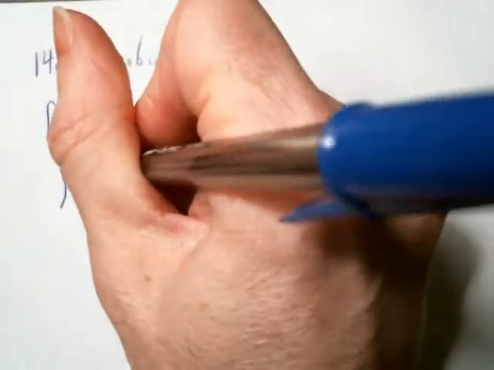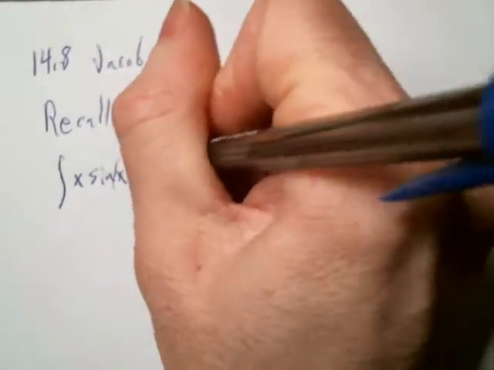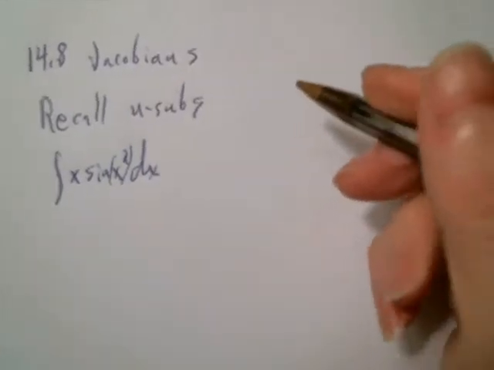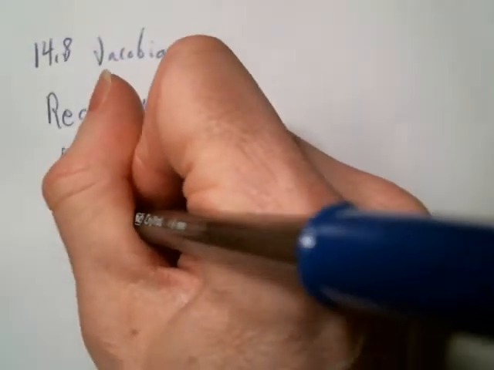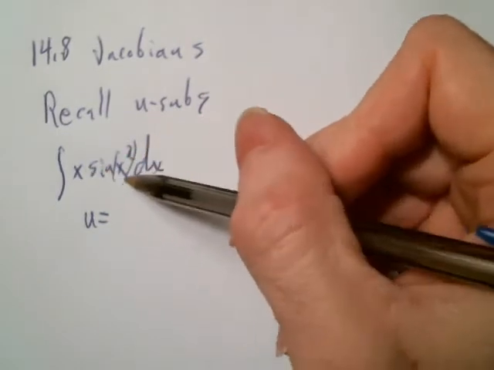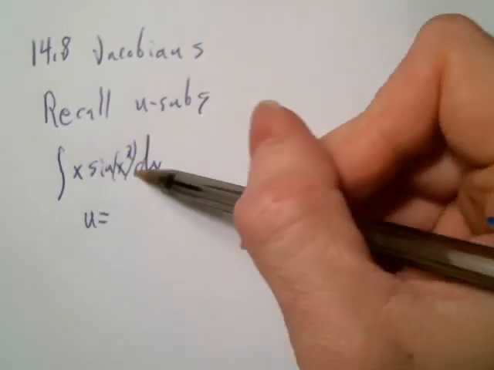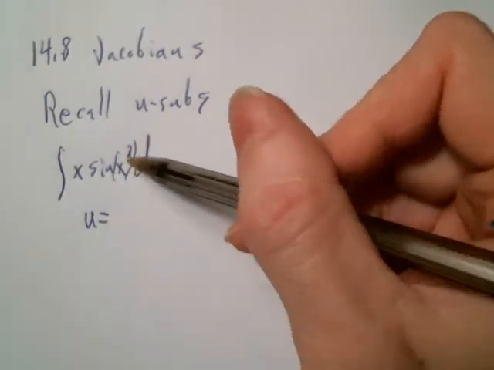So let's look at this guy, sine of x squared dx. This x squared is inside the sine. The first way you're taught to do a U sub would be if you could identify a function and its derivative inside the integral, then let the U be equal to that function.